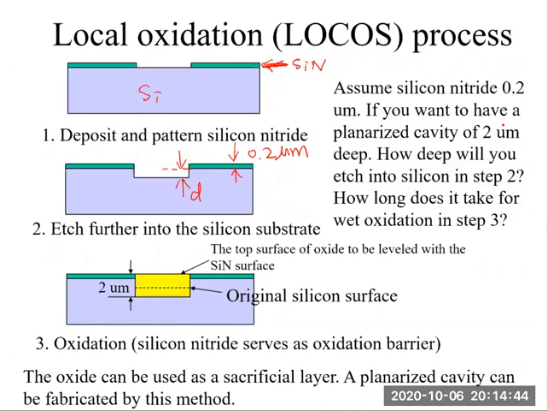If you want to have a planarized cavity of 2 micron deep, namely, the oxide grown in step 3 will have a thickness of 2 micron, so this distance is 2 micron, and the top surface of oxide needs to be leveled with the silicon nitride surface. How deep will you etch into silicon in step 2? So how large is D? How do you solve this problem?